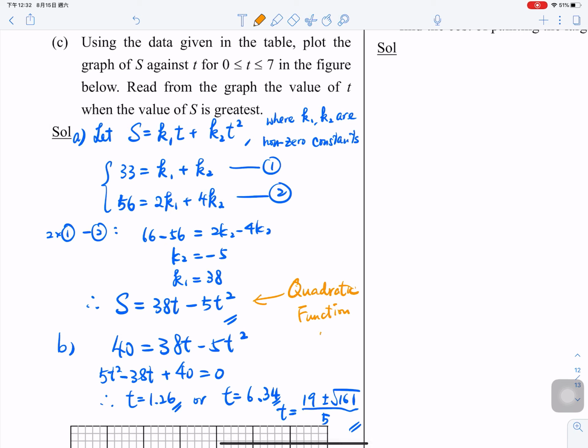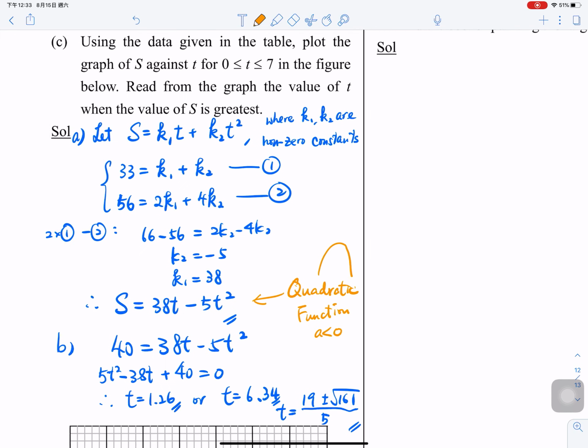Now with a smaller than 0, this one, -5, does it open upward or downward? It should open downward, like this. So after you plot the graph, you can find the greatest value and then find the value of t. Okay, so try by yourself, and then you can plot the graph to find the value of t.